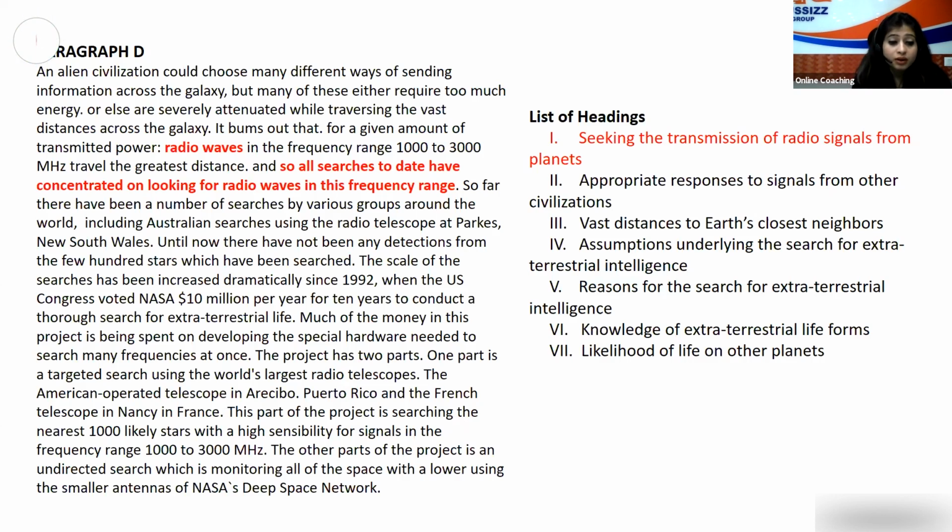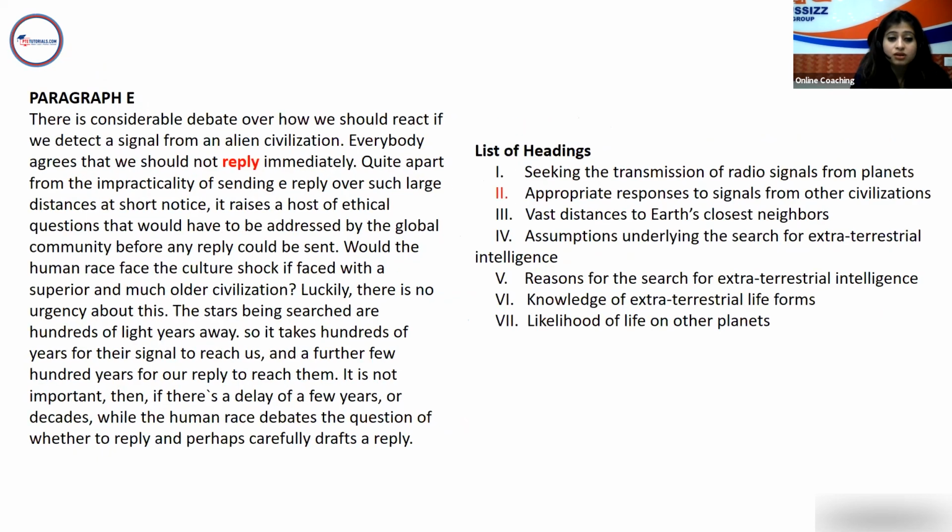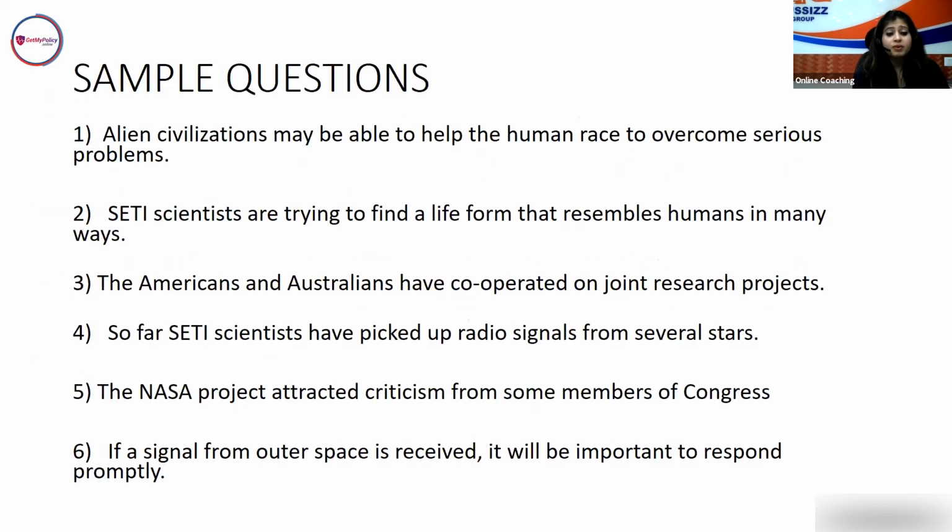Okay, part of the project is searching, but is there any mention of whether the NASA project attracted criticism or not? A lot of people actually tell me, madam, it's false. The reason they say false is because Congress actually gave NASA the money. So why would it be criticized?